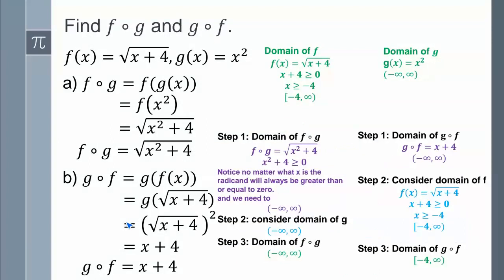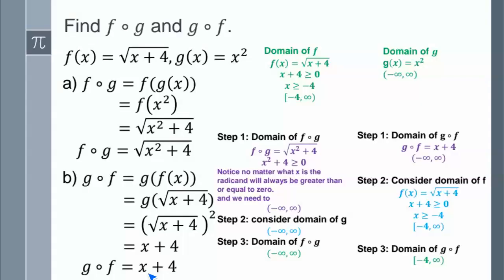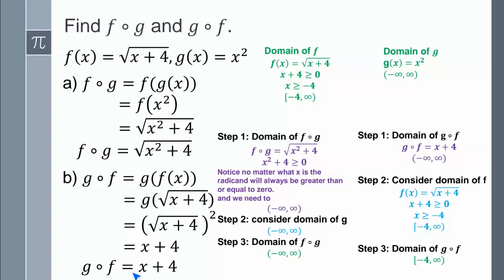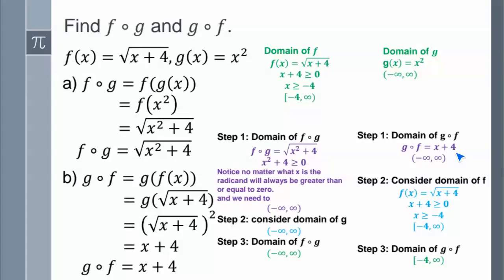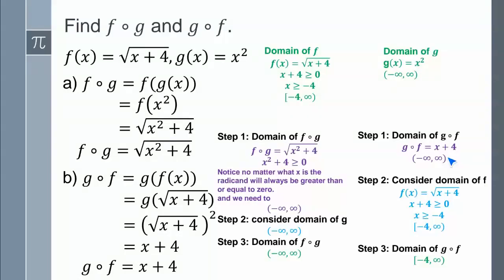So for B, it's g composed of f. Our composition was x plus 4. So for our domain, there are no fractions, there are no square roots, there are no logarithms. So our domain is negative infinity to positive infinity for my composition here. If you put that as your answer, then you're going to see that it's incorrect. And here's the reason.